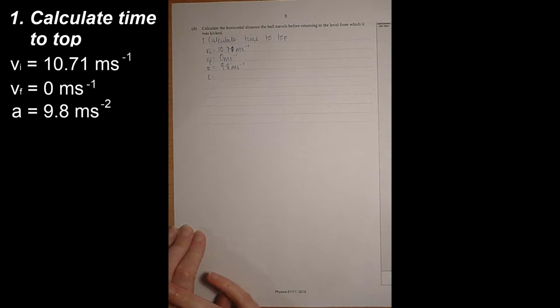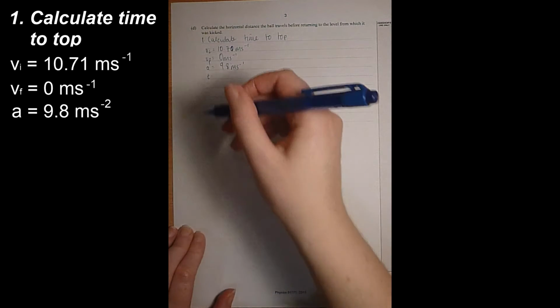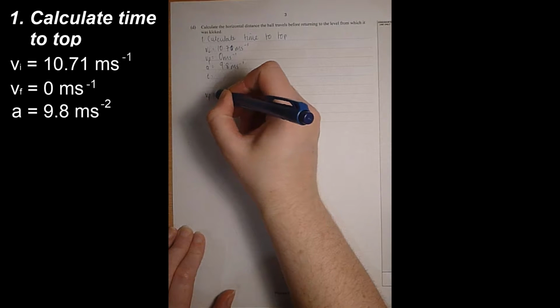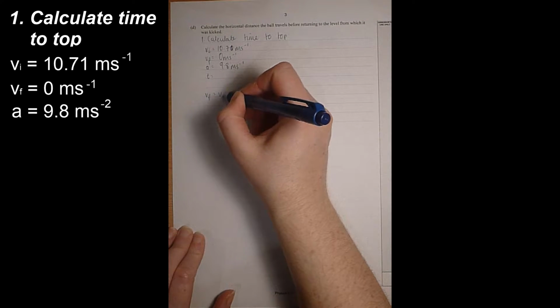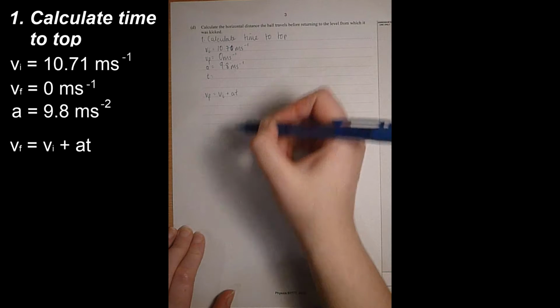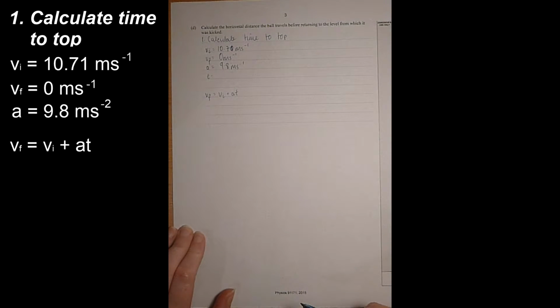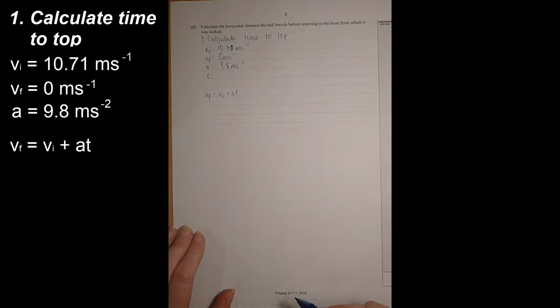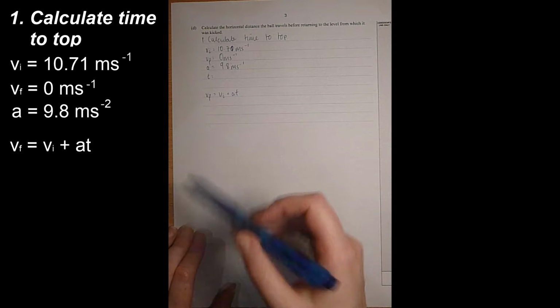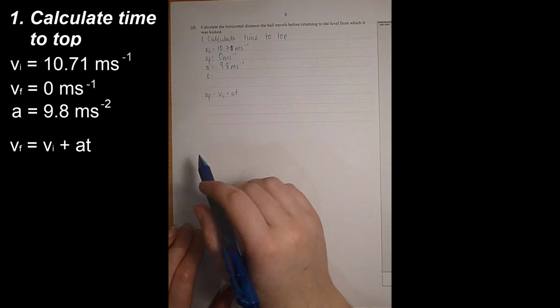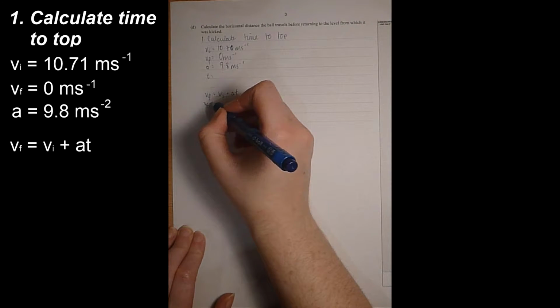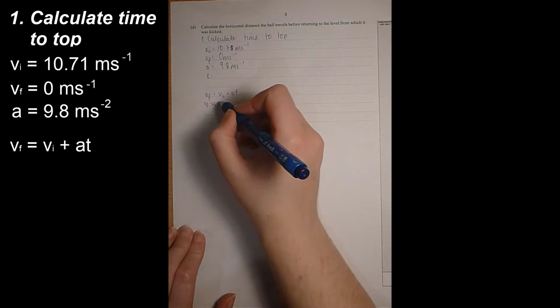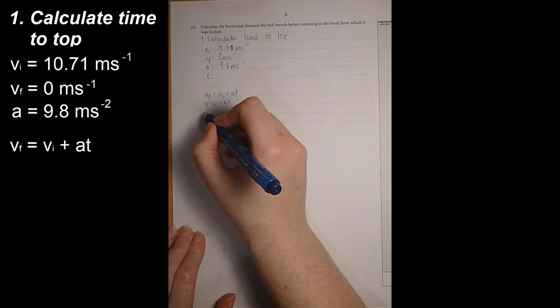and we're wanting to work out the time. So when we have a look at the resource sheet, we find that our equation VF equals VI plus AT. So let's rearrange that to find T. VF minus VI equals AT.